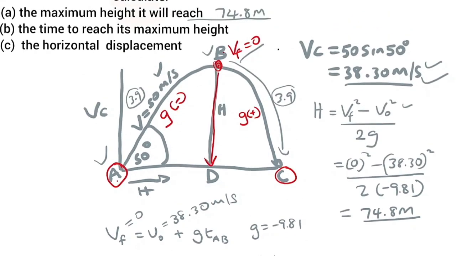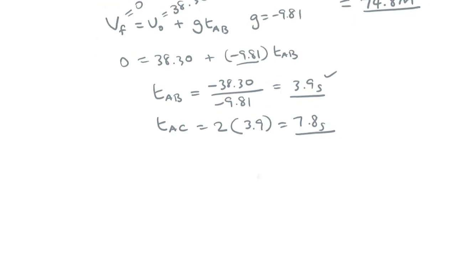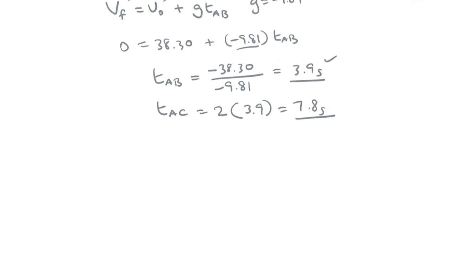Then the statement says to find the horizontal distance. That means they are looking for this distance from A to C. We will use this formula: S is equal to initial velocity times T, plus half g t squared. The T that we're gonna use is not this one, it's the time it takes from A to C. Since we are finding the horizontal distance, g is 0.